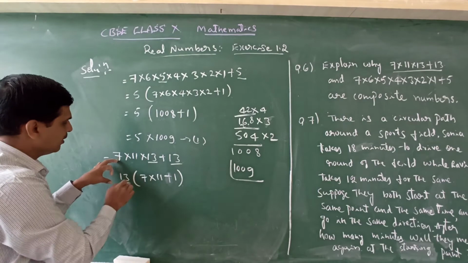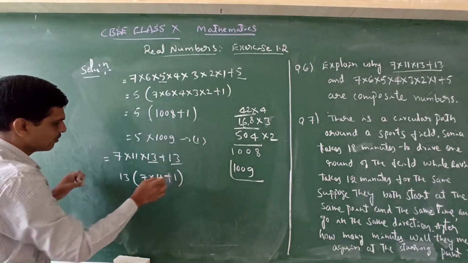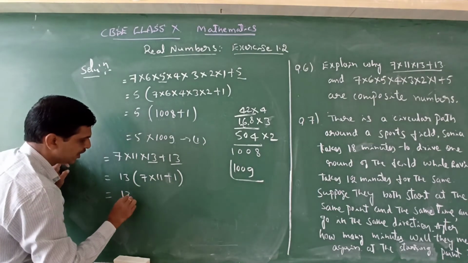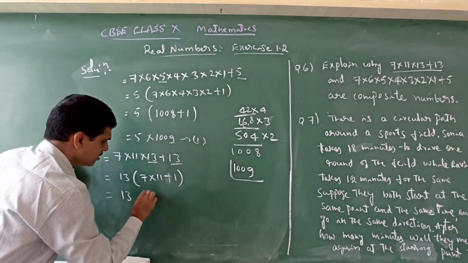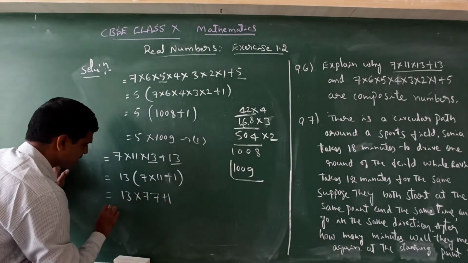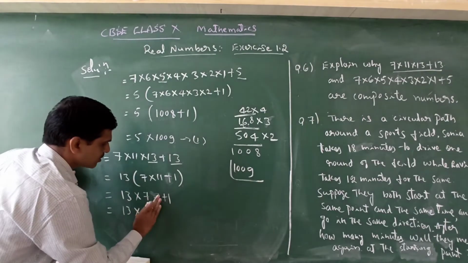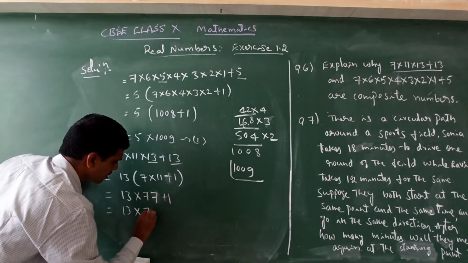The remaining numbers are 7 into 11 plus 1, because 13 cancels. Now 7 elevens are 77, plus 1. So that is 13 into 78.